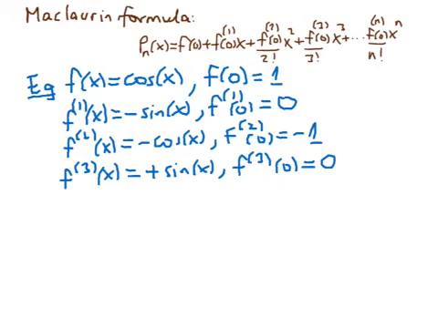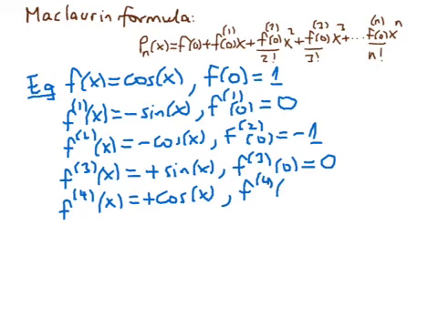We then calculate the fourth derivative, and the fourth derivative is the derivative of the third derivative. It's the derivative of the sine of x, and the derivative of the sine of x is the cosine of x. And evaluating this at 0 tells us that the fourth derivative at 0 is plus 1.